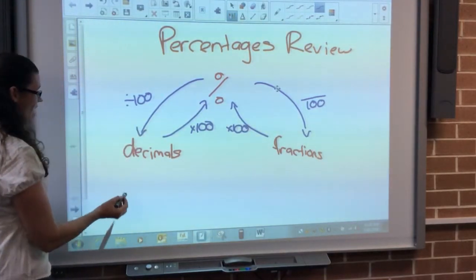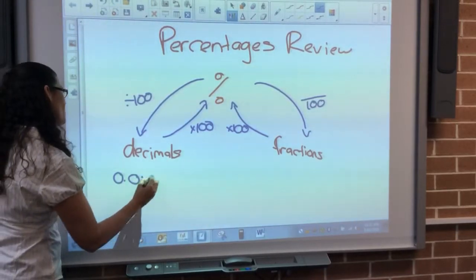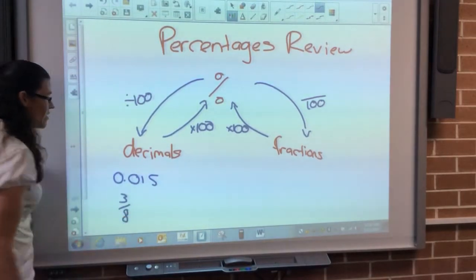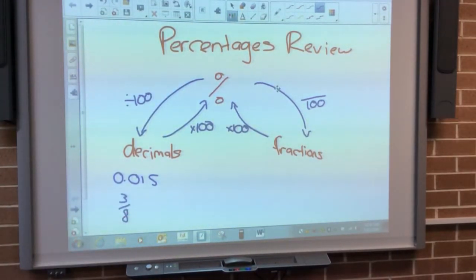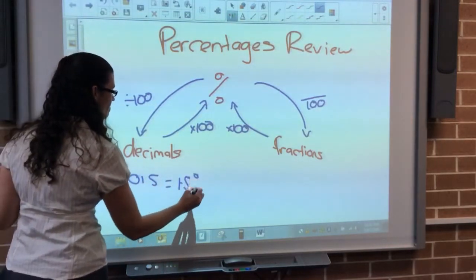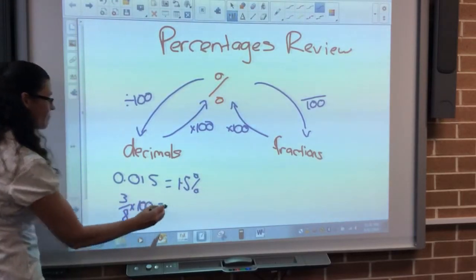So say I have 0.015 and I also have 3/8. Each of these I want to turn into a percentage. So I'm making it into a percentage, I multiply by 100. The decimals are really easy. Just jump my decimal point along twice, and I'm going to get 1.5%. 3/8, I'm going to multiply by 100.